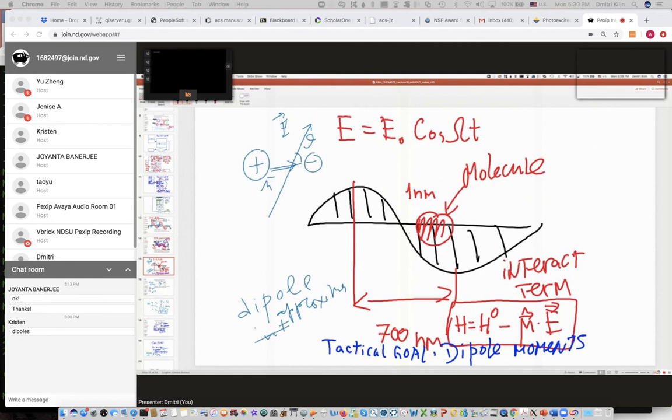To orient in space. So definitely you have to create polarization. Yes, you were right as well. That's why Raman spectra came about this way. Yeah, exactly.